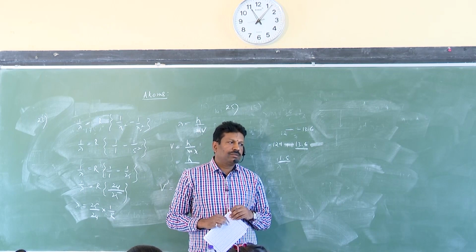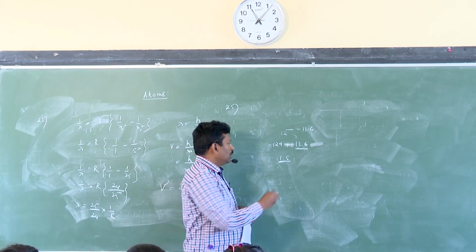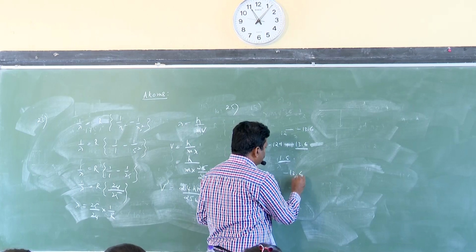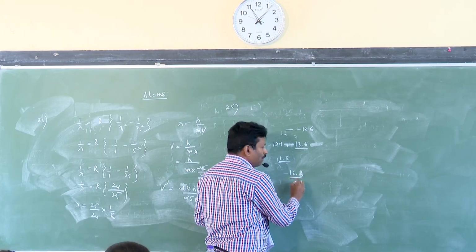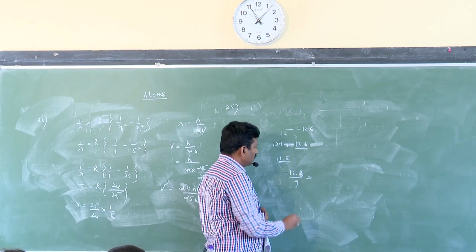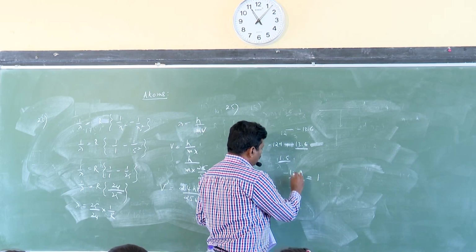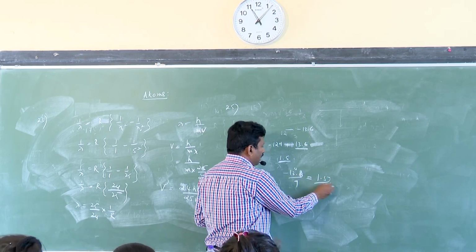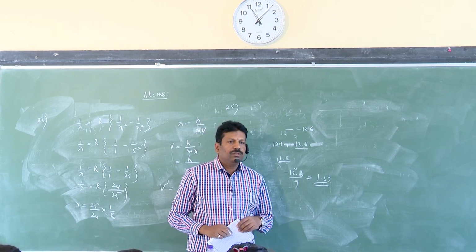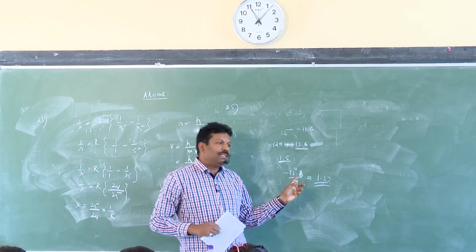Is it third or fourth? Minus 13.6 divided by n squared, for third it is 9, correct? 13.6 divided by 9 is 1.5 electron volt. So therefore the state of the system is 3.